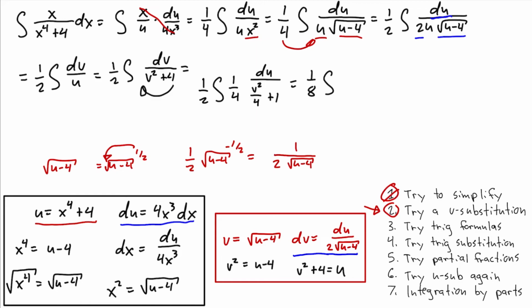If you notice this 4 right here, the square root of 4 is 2. So if we do 2 squared, that equals 4. And so we can do a little algebraic trick here. We can do v over 2 squared plus 1. And that is supposed to be a v.